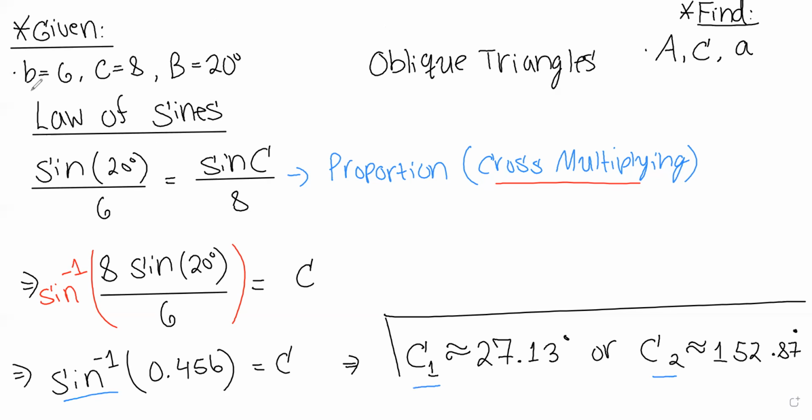Another signal that you should have two angles is you're given side, side, angle, SSA, which is called the ambiguous case. But again, why does SSA result in the ambiguous case, which is two angle values?